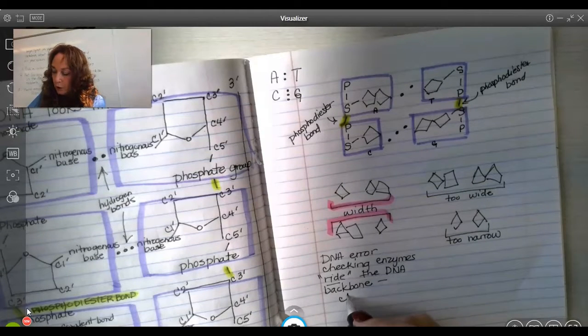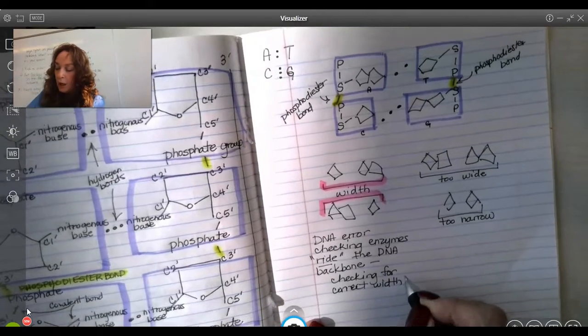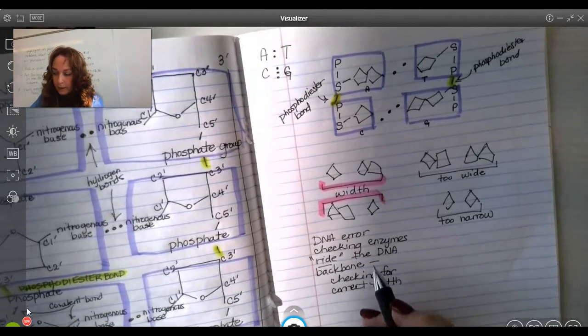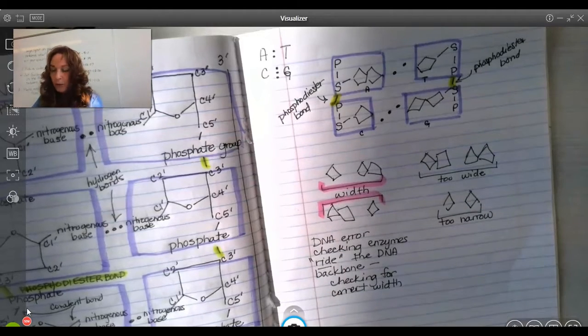And what they're going to check for is the correct width, which you can only have with a purine with a pyrimidine. It's the only way it's going to work.